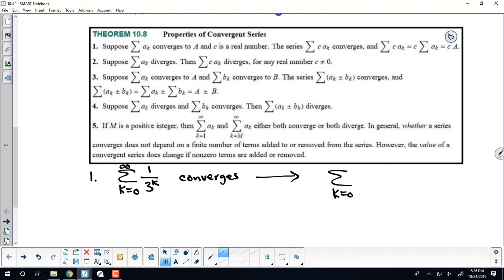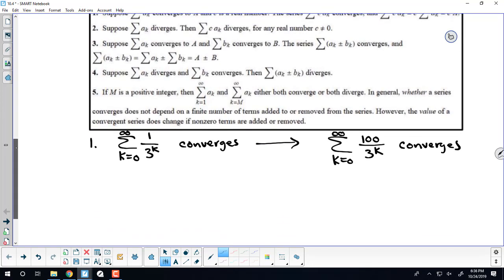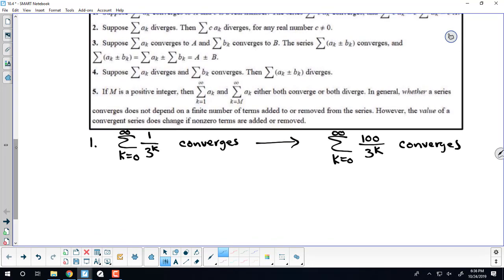We'll just say that this sum from k equals 0 to infinity of 100 over 3 to the k also converges, or 1,000 or 1,000,000 or whatever. So multiplication by a real number doesn't affect convergence or divergence, but it does affect what the series would converge to. That's kind of what we get in 1 or 2.